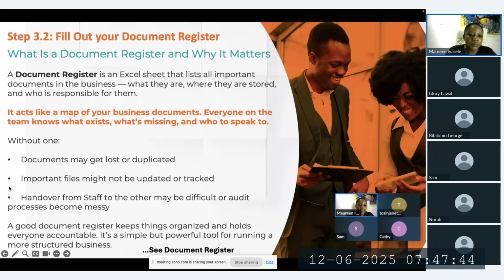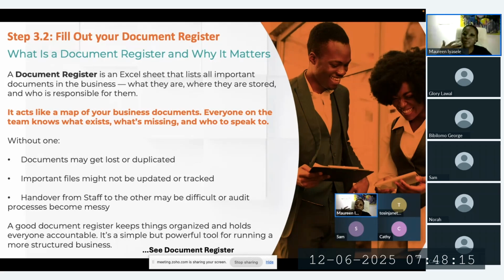Then lastly, again, handover from one staff to another might be difficult, or other processes become messy. What this document register does for us as well is, again, in line with that onboarding that I mentioned earlier. If one staff is handing over to the other, or a new staff is coming in, when they look at the document register, they know that all of these documents exist, right?